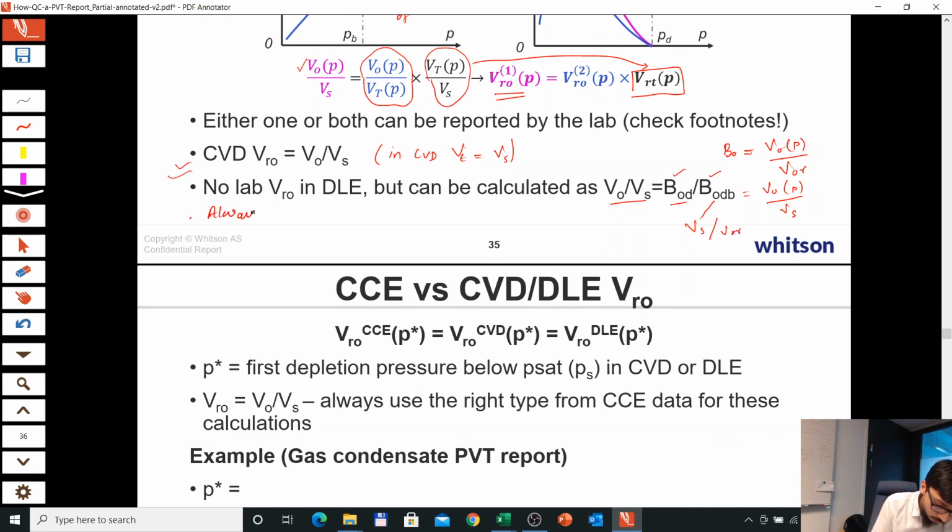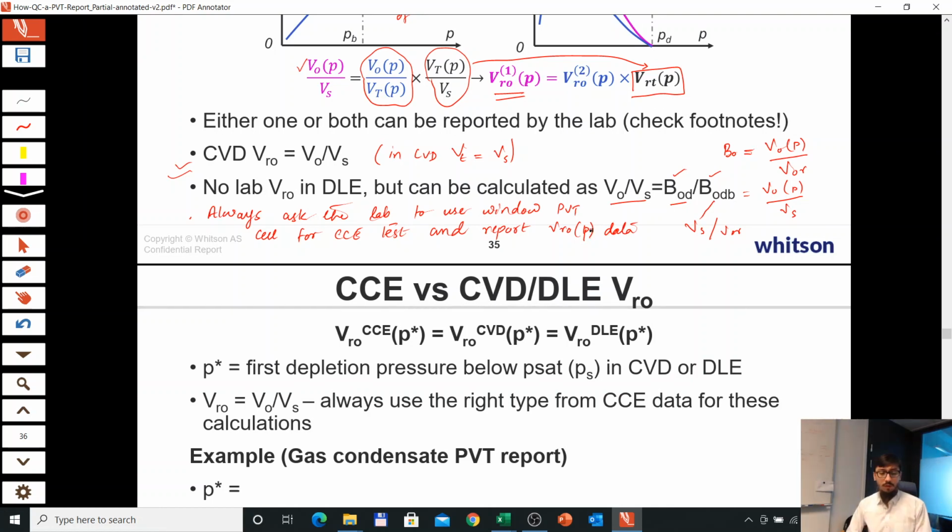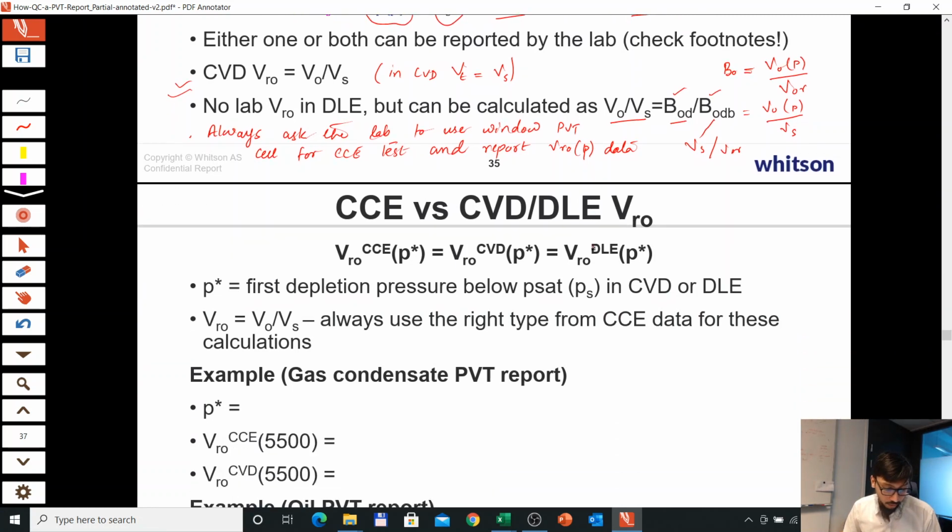Always ask the lab to use a window PVT cell for the CCE test and report VRO as a function of pressure data. Okay, so that's important.